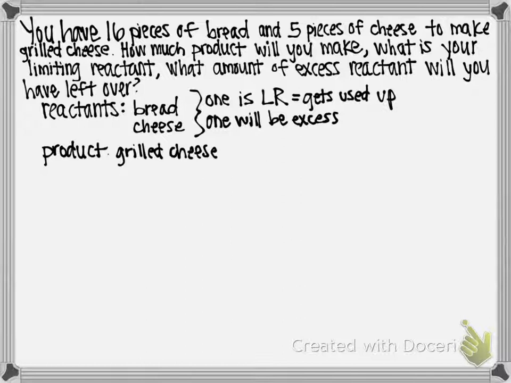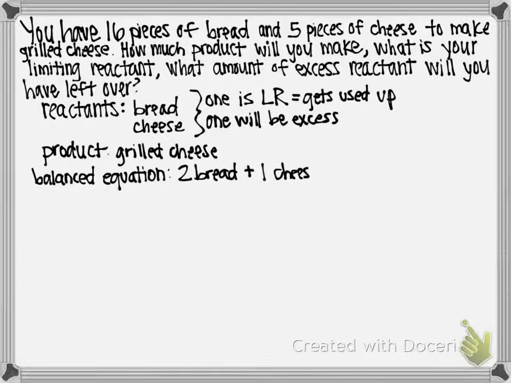So once you have figured out your two reactants and your product, you need a balanced equation, so that you can go back and use your mole ratios. Our balanced equation is 2 pieces of bread plus 1 cheese equals 1 grilled cheese.